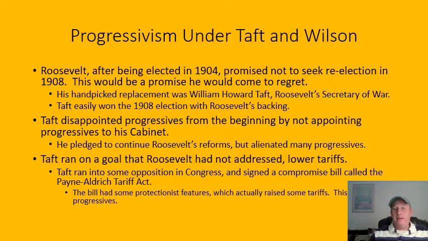The bill had some protectionist features which actually raised some tariffs on certain items, and this enraged the progressives who wanted tariffs lowered. The progressives felt that tariffs hurt the working poor because they could not afford to pay for the extra cost of items due to these tariffs. So progressives wanted tariffs lowered, if not eliminated, as much as possible.